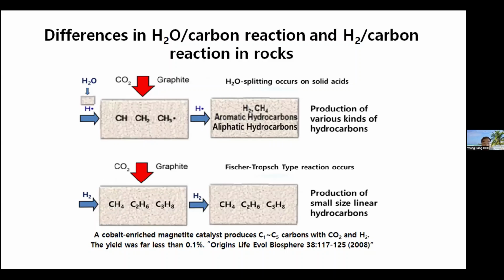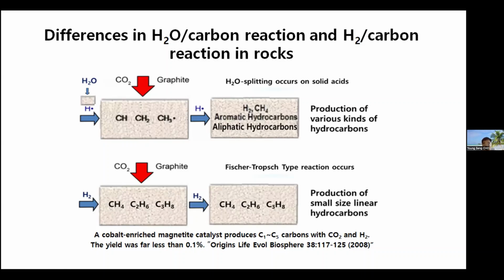Up to now, I explained the reaction between water and carbon compounds on rocks. But according to many references, when you react hydrogen with carbon compounds on rocks, you come up with mostly C1 to C3 linear saturated hydrocarbons.